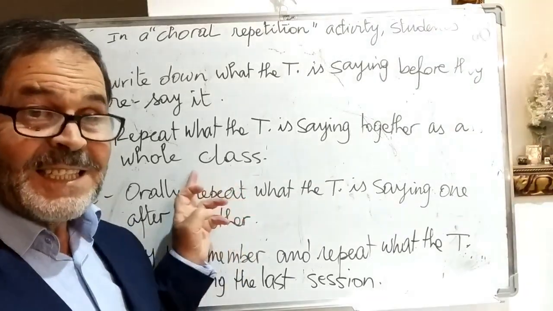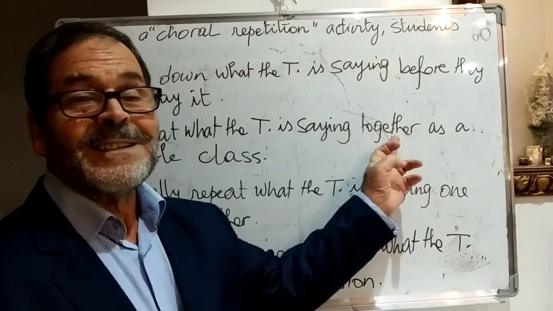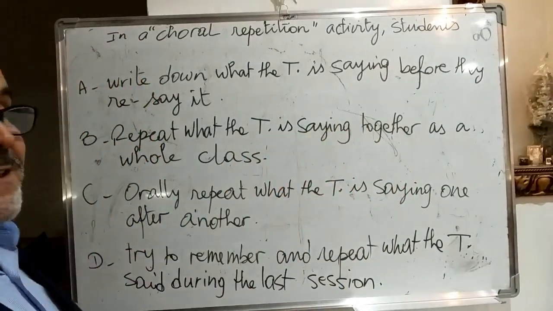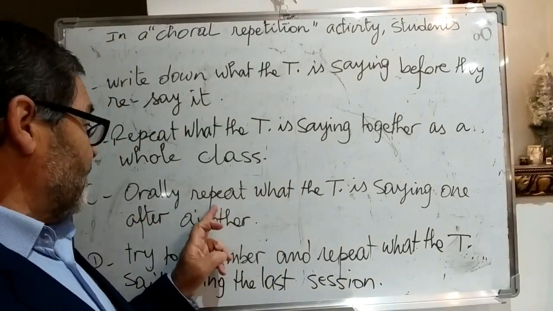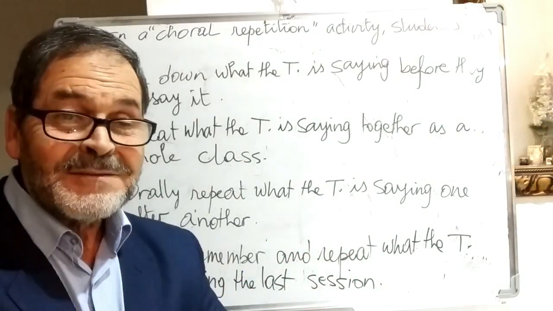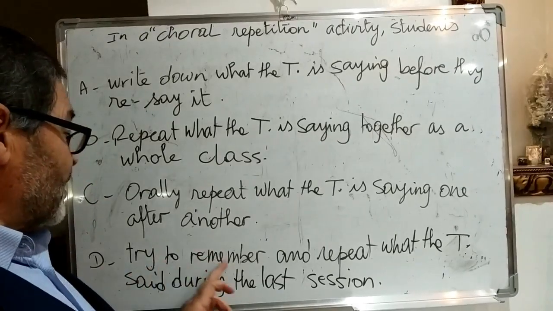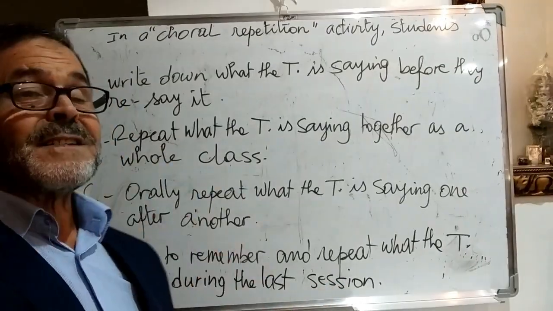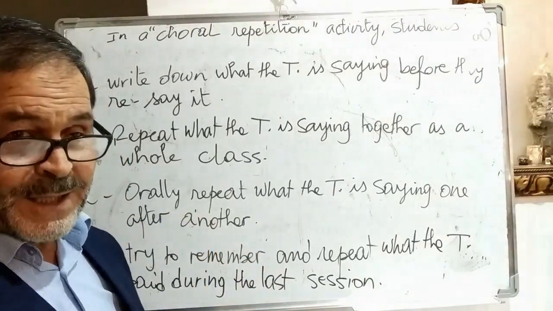So look at the key, the answer here: the whole class together. These are the key words. So B is correct. C, orally repeat, of course, it is oral, what the teacher is saying one after another. No, this is false, one after another. D, try to remember and repeat what the teacher said during the last session. No, this is false. So the correct one is B.